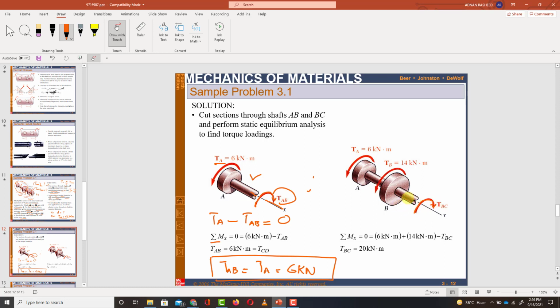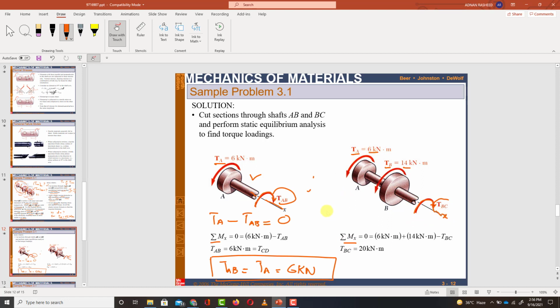Clear? You know that the torque at point A is given as 6 kilonewton meter, the torque at point B is 14 kilonewton meter, and this is the reaction torque, a resisting torque generated in this shaft. This can also be found by taking the same equation: the sum of all moments about this axis must be equal to 0.